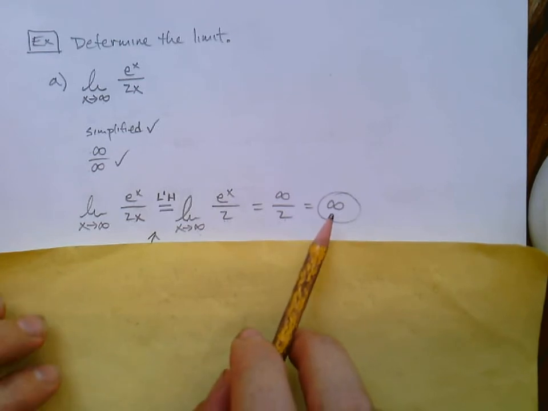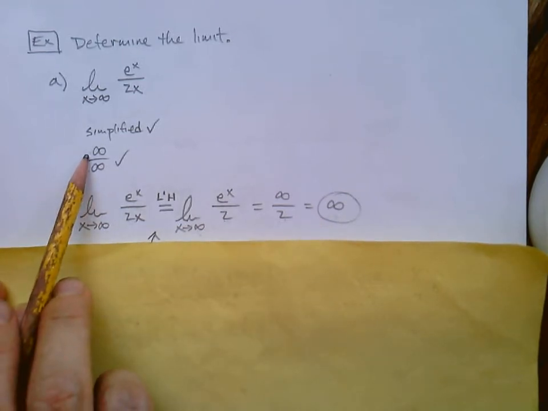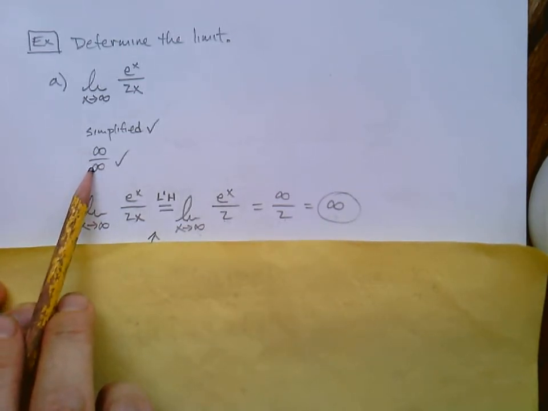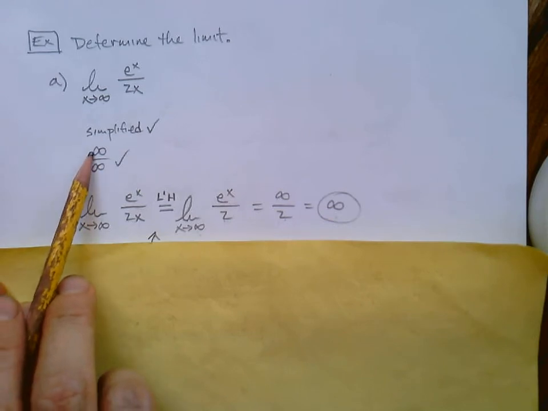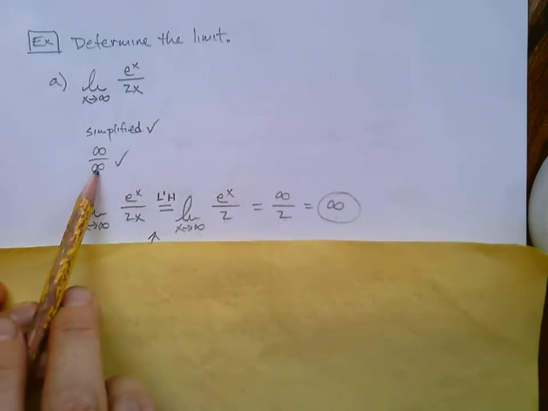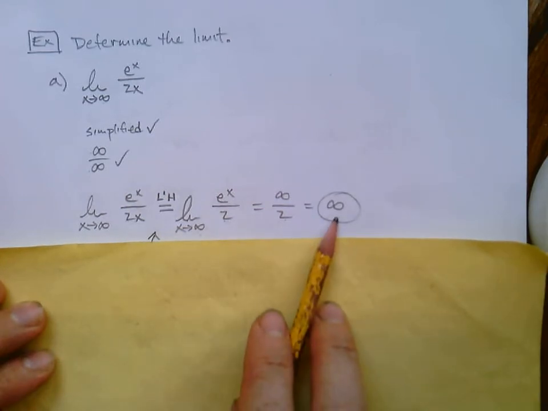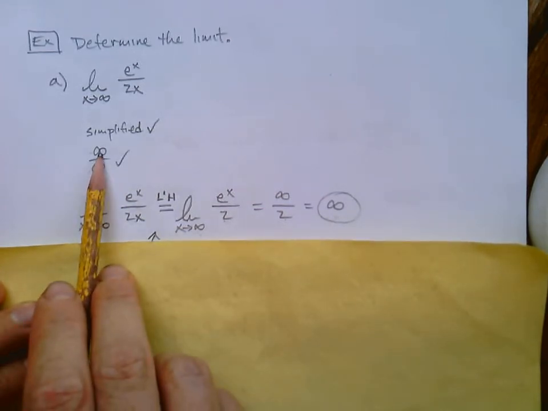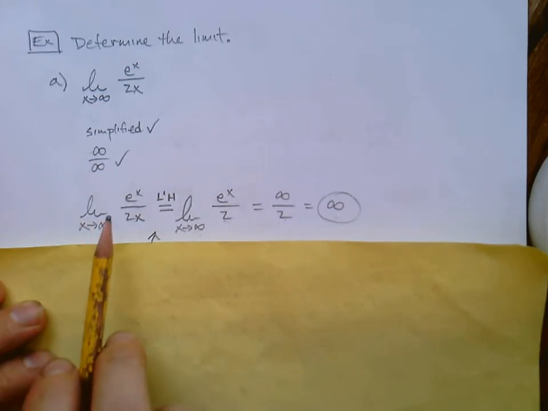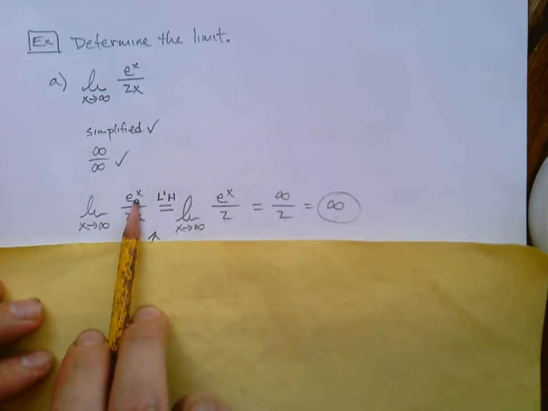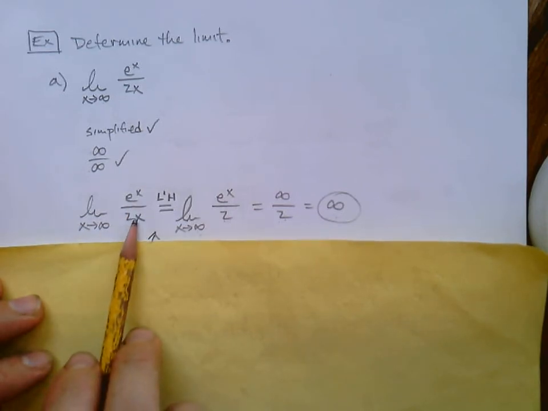And if you reflect back to the indeterminate form, think, okay, the numerator was pulling it to infinity. The denominator was pulling it to 0. Who won? Well, the answer was infinity. The numerator won. And it turns out that e to the x is approaching infinity exponentially faster than 2x.